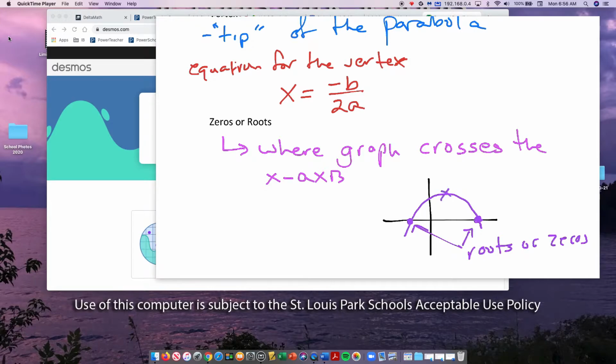This value up here is going to be the vertex. So when you're trying to graph a parabola, you really need those pieces. Those are the most important pieces you could have. Those will shape the parabola for you. It basically looks like a U, either upside down or right side up, but the vertex is that tip of the parabola, and the roots are where the graph of the parabola crosses the x-axis.